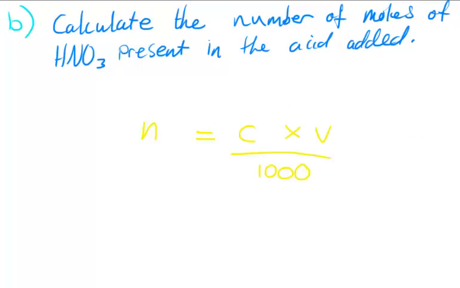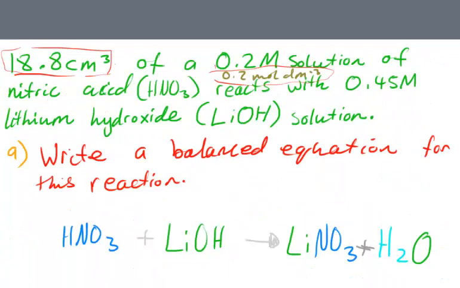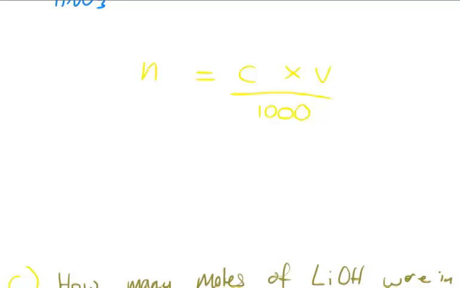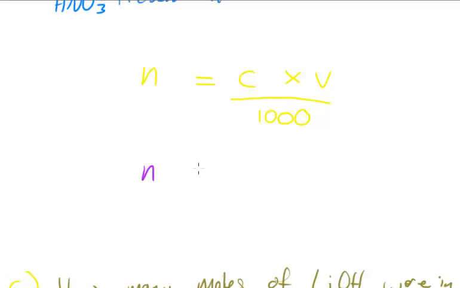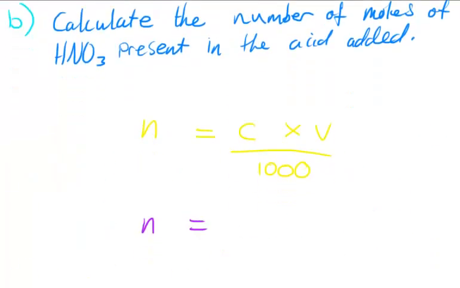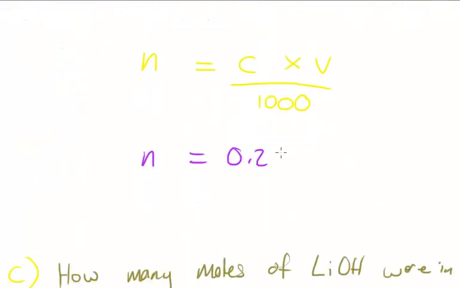And so from this point, what we need to do is put our values in, which you've been given in the question, 18.8. So number of moles equals, well, put the concentration first since that's 0.2 multiplied by 18.8, and we divide this by 1000.